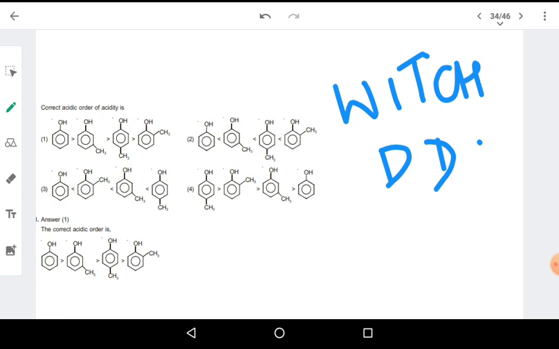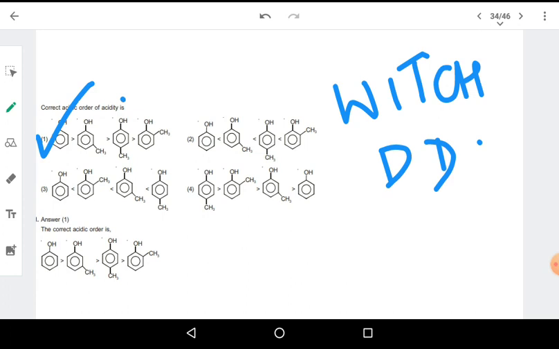Now for doing this question we can use a trick. So here you can see that CH3 is the group present. CH3 is a donating group, so it will decrease the acidity, right? It is decreasing. So the order is going to be this. Phenol is going to be more acidic, and then we have the meta, ortho and para.